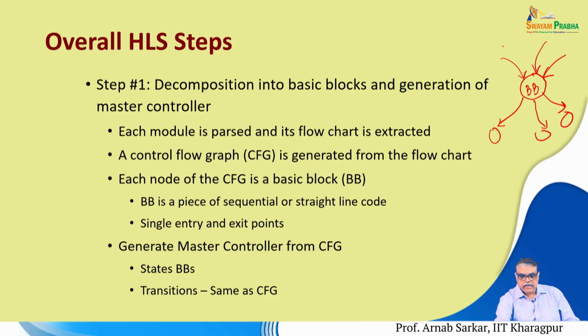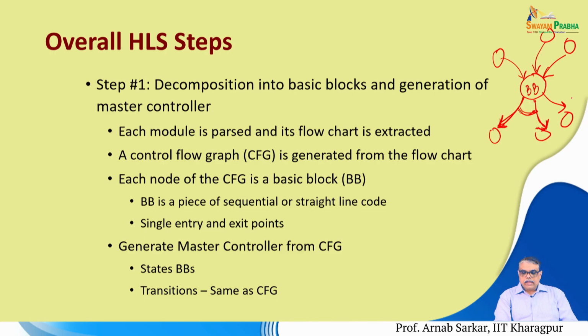It could also say that these two nodes are an OR, in the sense that control will flow either to this node or to that node, because there is an if statement, let us say. Depending on whether the condition is true or false, either this edge or this edge will be followed. So, all this information is available within the control flow graph, and the master controller also has this information.